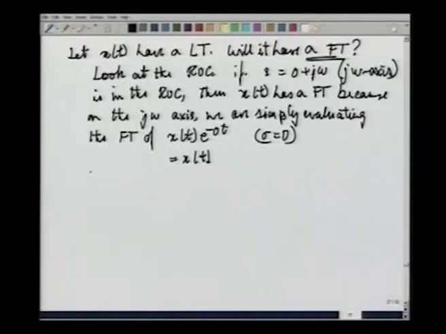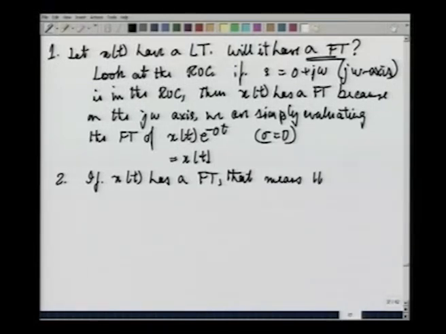Now, this is the first step of the argument. The second step of the argument: if x(t) has a Fourier transform, that means that x(t) is absolutely integrable. Okay.